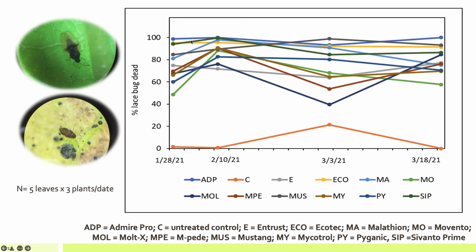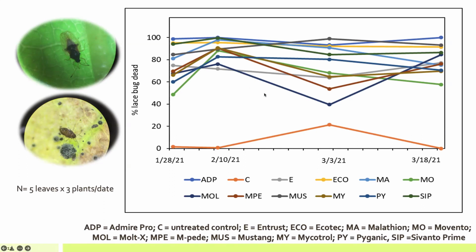You had Sivanto Prime was also pretty good at the beginning, tapered off towards the end. Initially, when we did this, the Ecotech seemed to be pretty good and was one of the organically approved products that you could use. And Malathion was also a pretty good product, as well as Pyganic was pretty good.